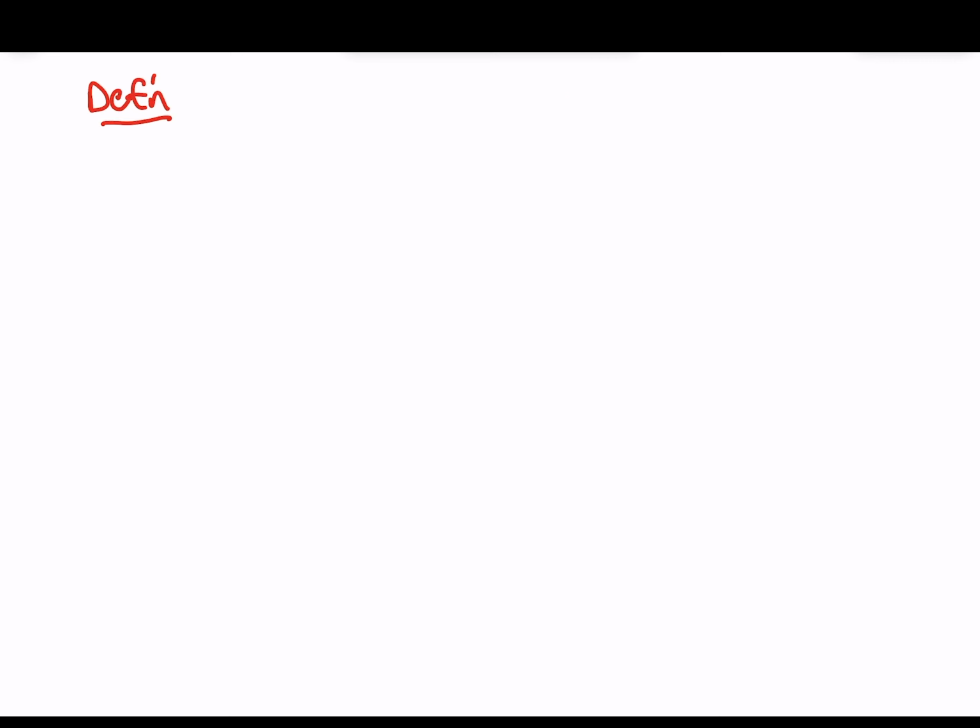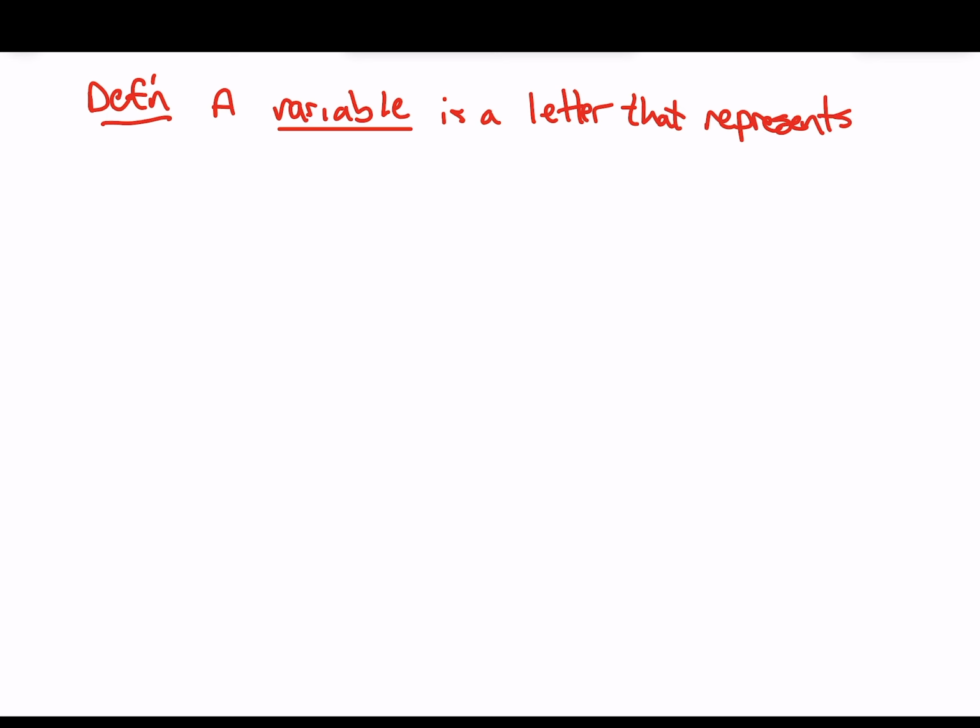Let's start with a definition. The first thing we're defining is a variable. A variable is a letter that represents a variety of different numbers.